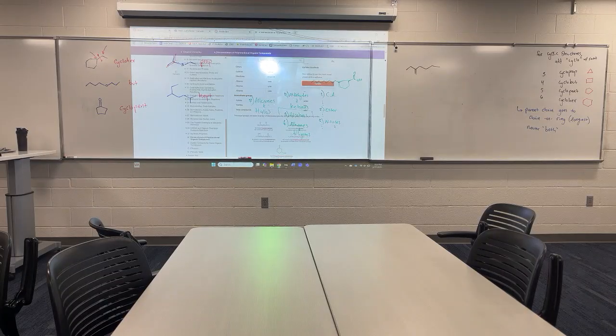What functional groups do you see? Sorry? No ketone. No oxygen. Alkene. Carbon-carbon double bond. What's the longest carbon chain that includes the alkene?